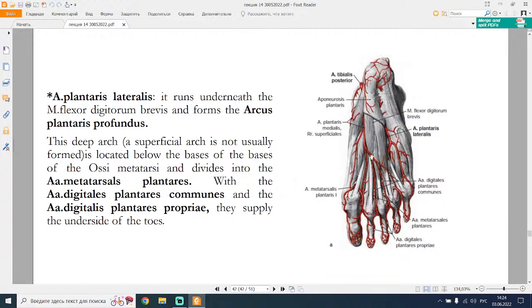The deep arch, a superficial arch is not usually formed, is located below the bases of the ossa metatarsi and divides into arteria metatarsalis plantaris with the arteria digitalis plantaris communis and the arteria digitalis plantaris propria.